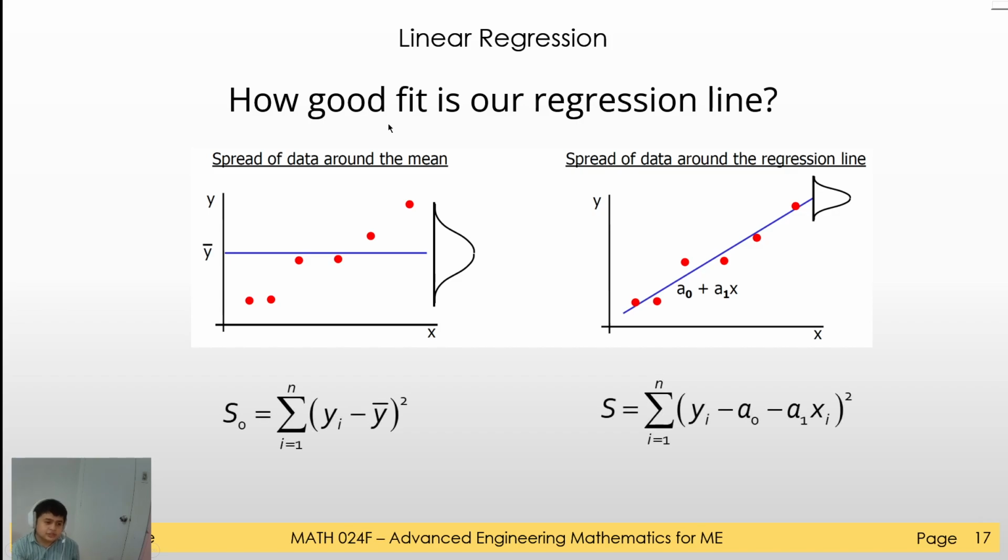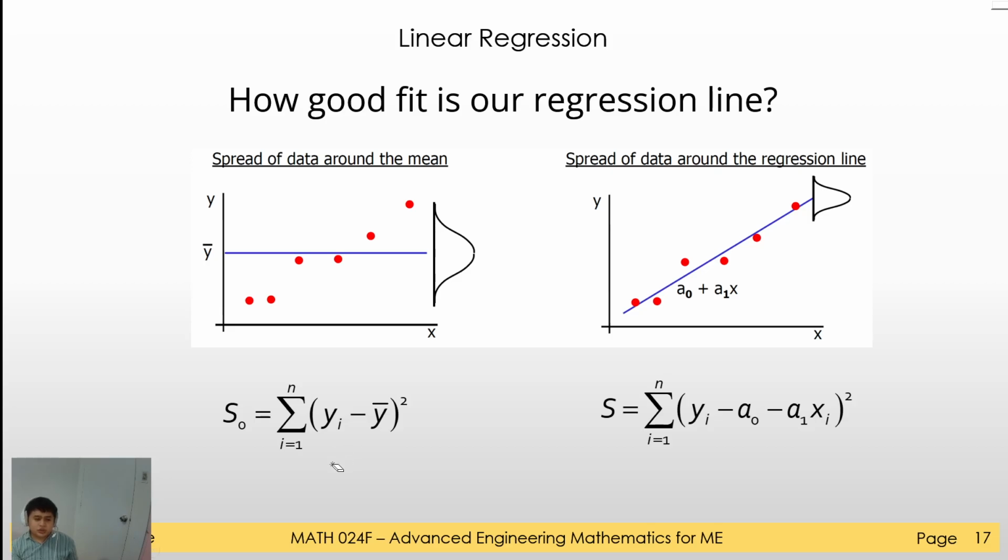We have s sub 0, which is the spread of data around the mean. You can imagine this is the standard deviation. And then the spread of data around the regression line, which is this error, or the sum of these errors. So the sum of errors for this, and then the sum of the deviation from the mean.